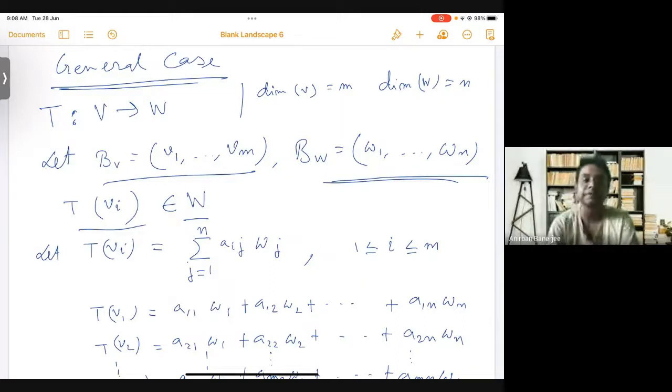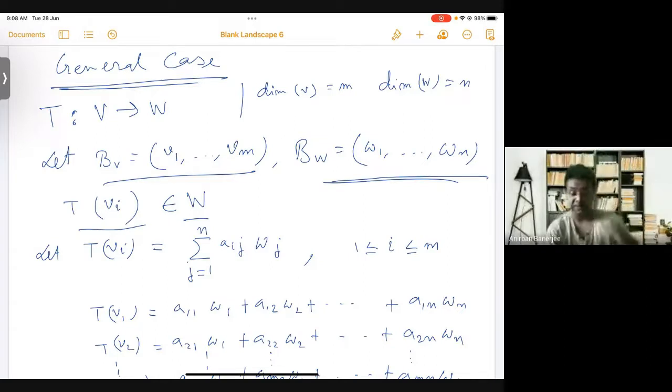If somebody gives you a vector in V, the coordinates will be given with respect to B_V. Then if you multiply that vector with that matrix, it will give you the transformation with respect to the linear transformation T. That means it will give you another vector in W, with the coordinates with respect to B_W.